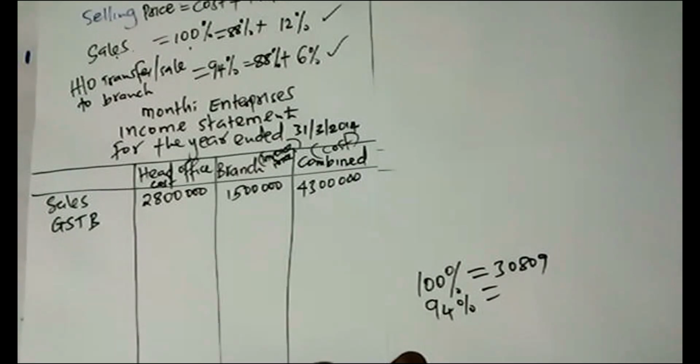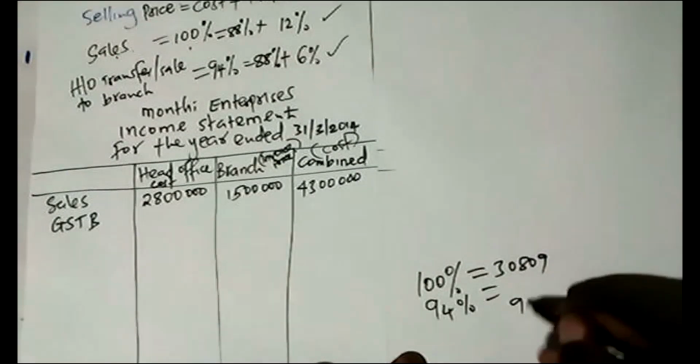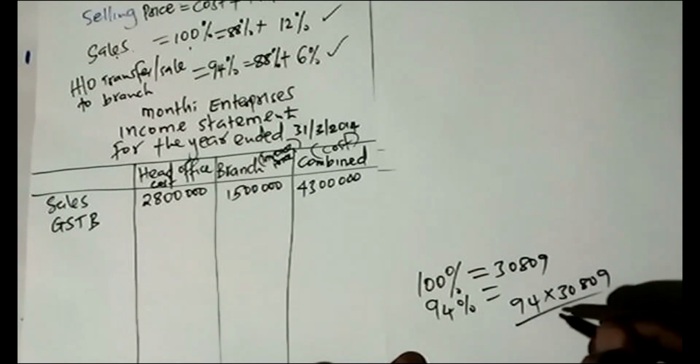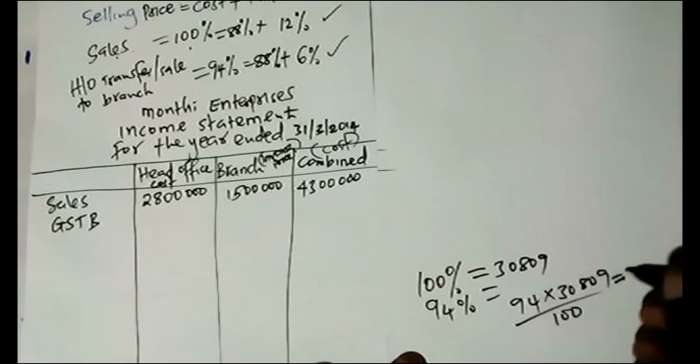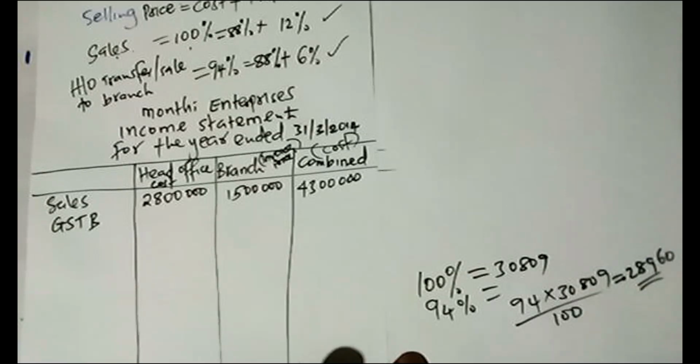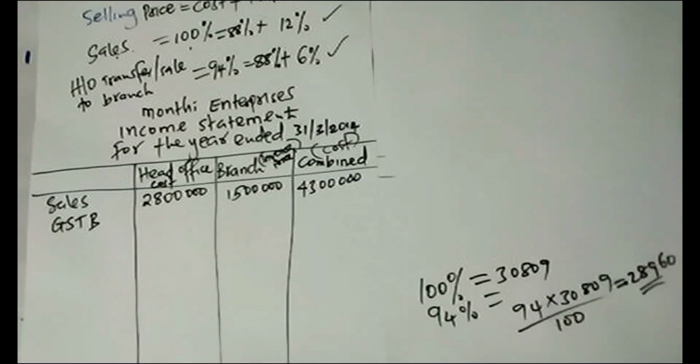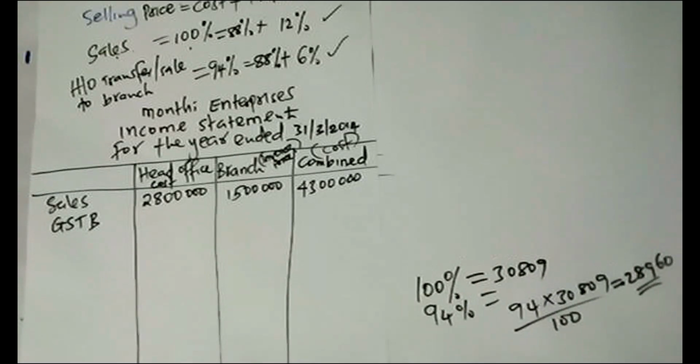So we need to get 94% of those goods. If I take 94 times 3,809 divided by 100, you are supposed to get 28,960. So that is why the goods sent to the branch and the goods the branch received were not in agreement by 28,960, because some were in transit.